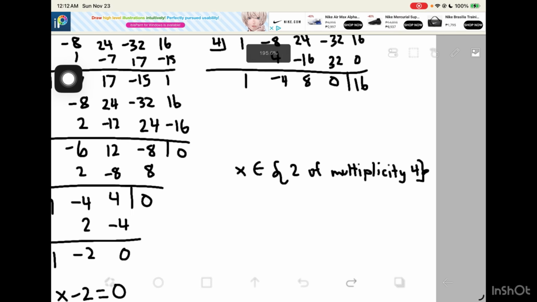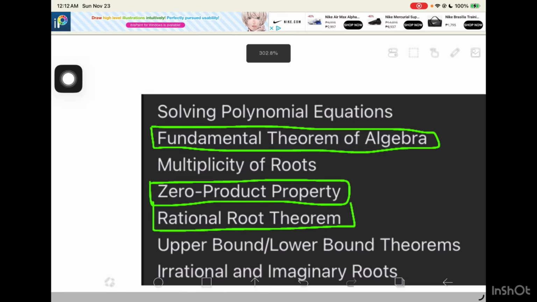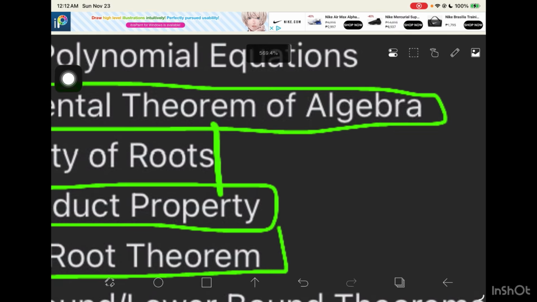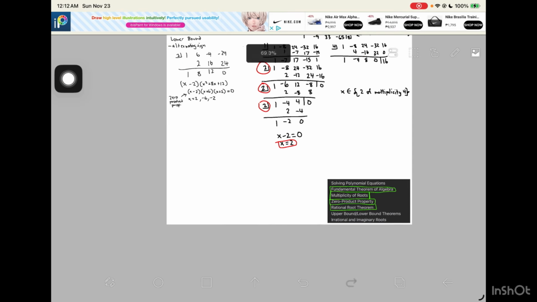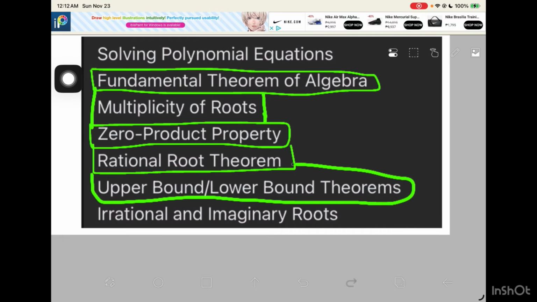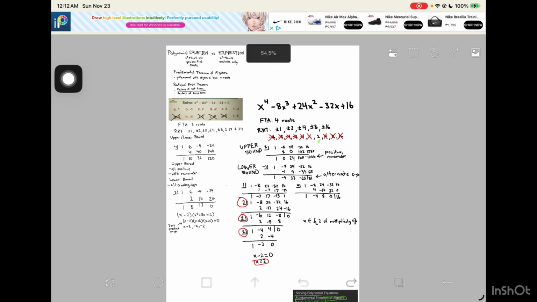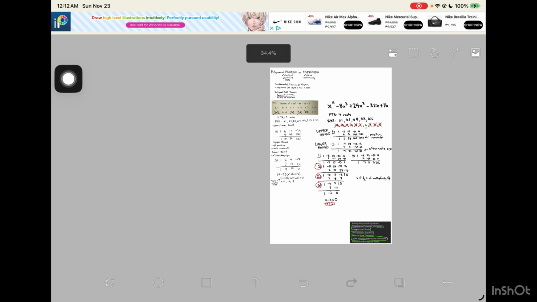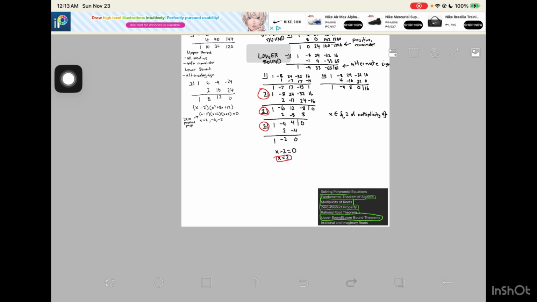And that's when you know, sometimes you use all the theorems and then it hasn't resulted in a favorable result. So all we need to do now is do the irrational and imaginary roots. So let me get another example or 2 more examples to cover that.